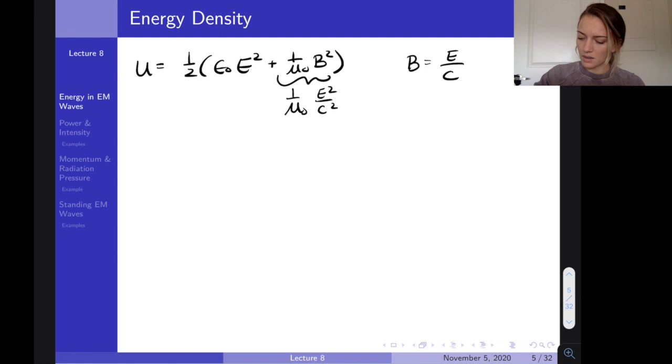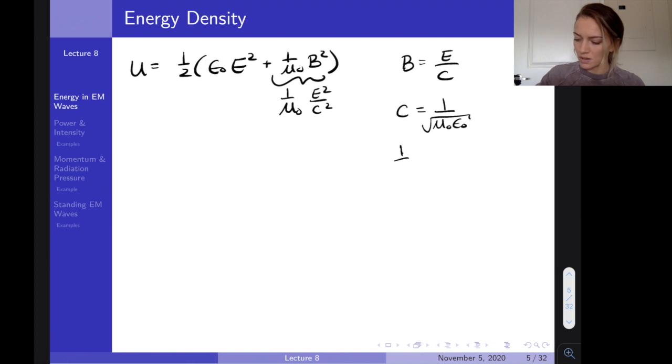Since c is equal to 1 over the square root of mu naught epsilon naught, 1 over c squared is mu naught epsilon naught, so I'm going to replace it with mu naught epsilon naught times E squared.